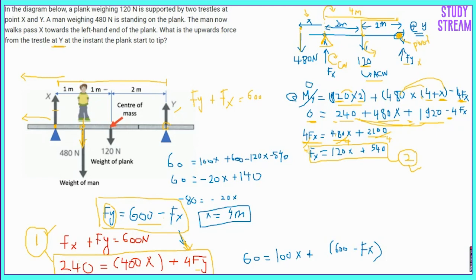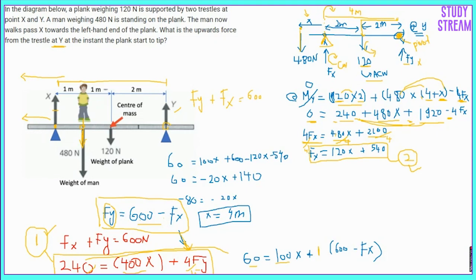So I keep everything the same, but I can simplify it as well. So I can divide everything by 4 first. Divide by 4. Divide by 4. And then I get 240 divided by 4 is 60. 400 divided by 4 is 100. Yeah, so 100. And then fy divided by 4 is just here. This is 1.